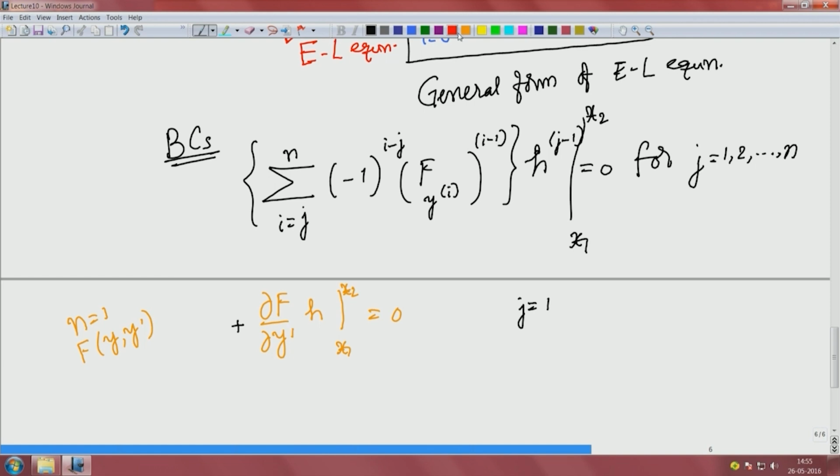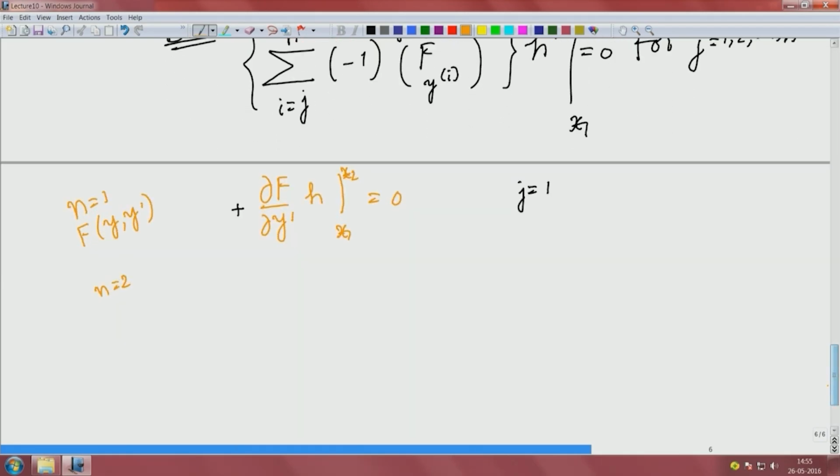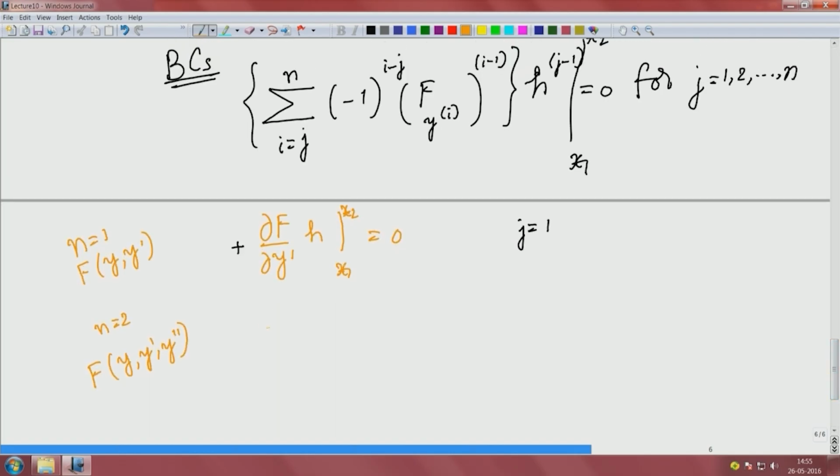Now, if n is equal to 2, you can verify this, then I have f(y, y prime, and y double prime). Then if we recall, we had ∂f/∂y' minus d/dx of ∂f/∂y'' multiplied by h at x1 and x2 equal to 0, that is what you will get.